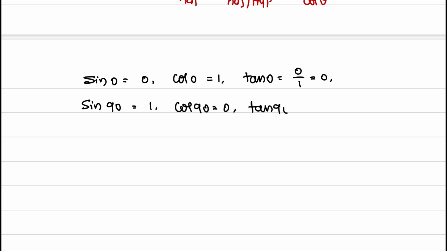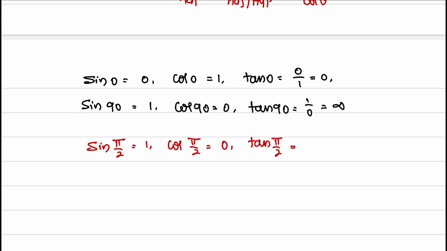Tan 90 is equal to 1 by 0, that is infinity. Then sin 90 can be written as sin pi by 2 in radians, that is equal to 1. Cos pi by 2 is equal to 0. Tan pi by 2 is equal to infinity.